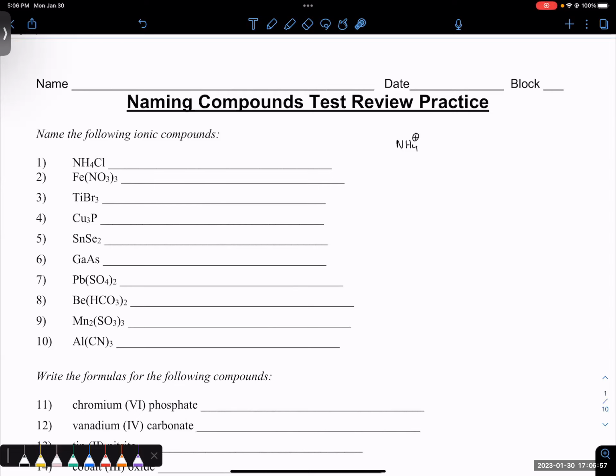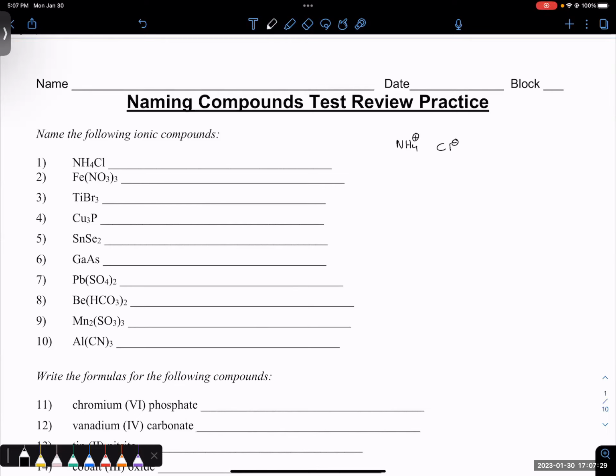I can't see the chat, so if you just wanted to speak up. Anyone? What's the charge? My question is what's the charge on ammonium right here, but what's the charge on the Cl here? -1.